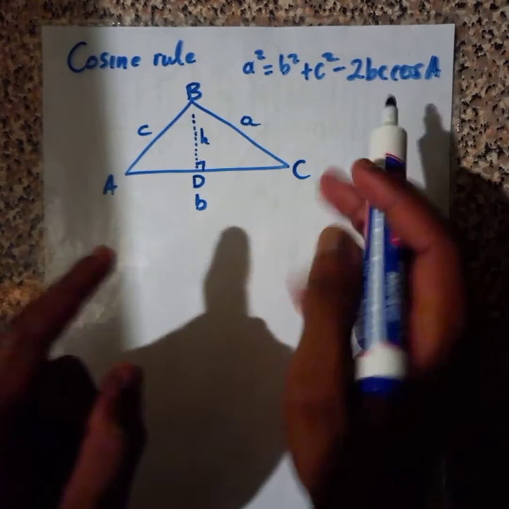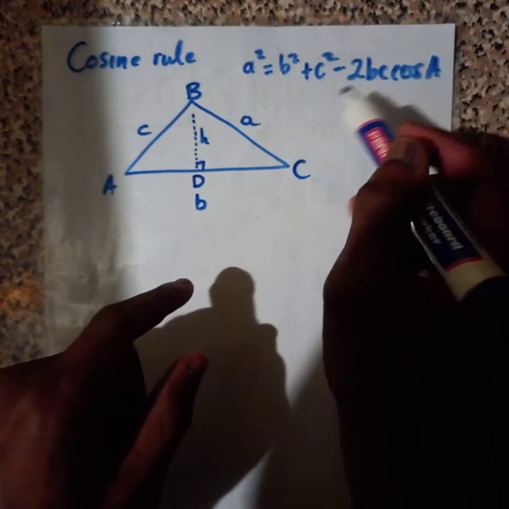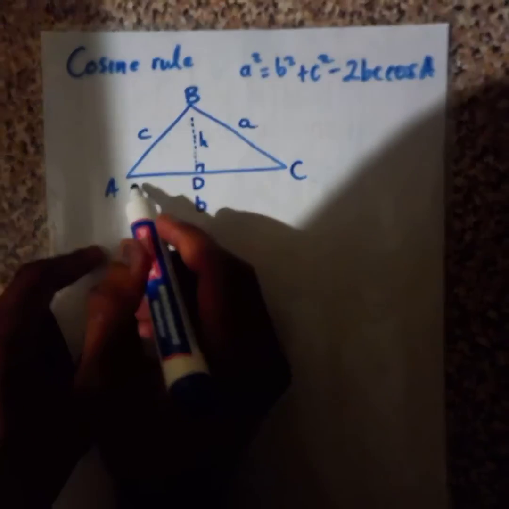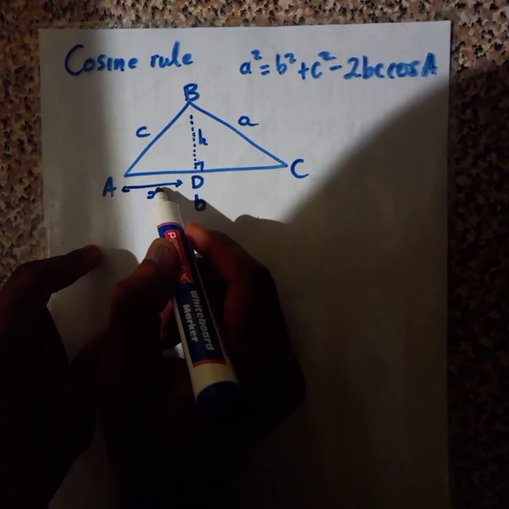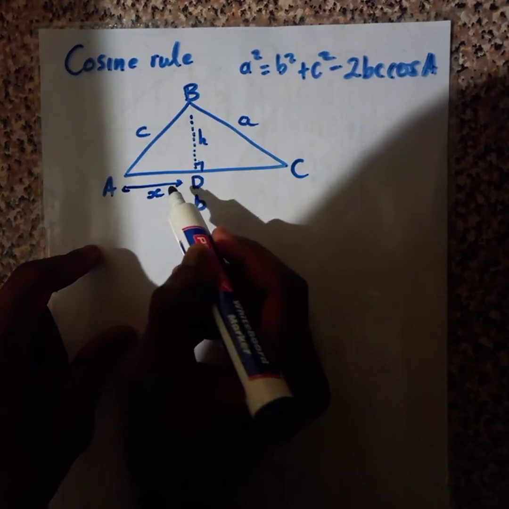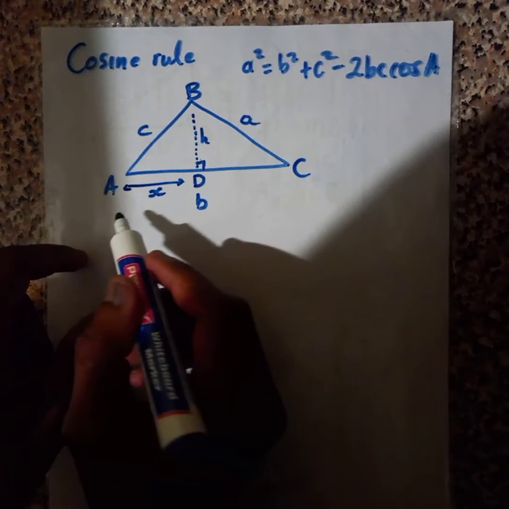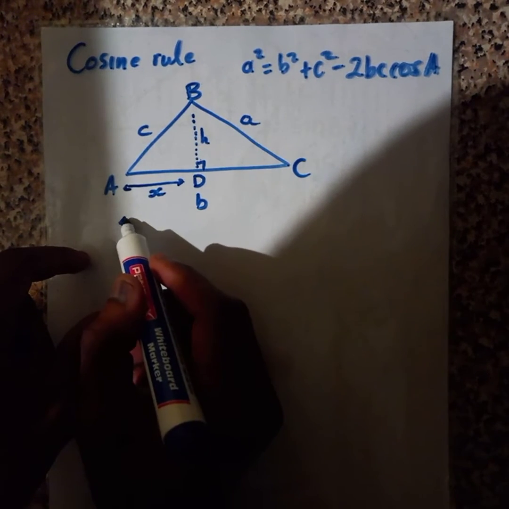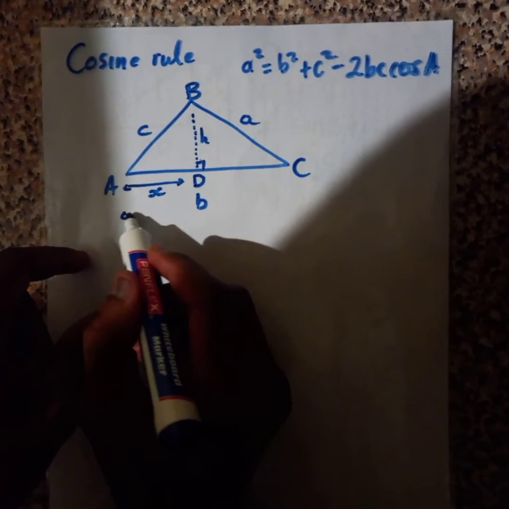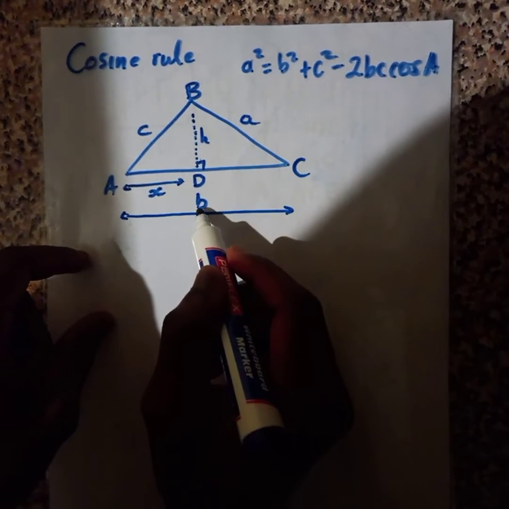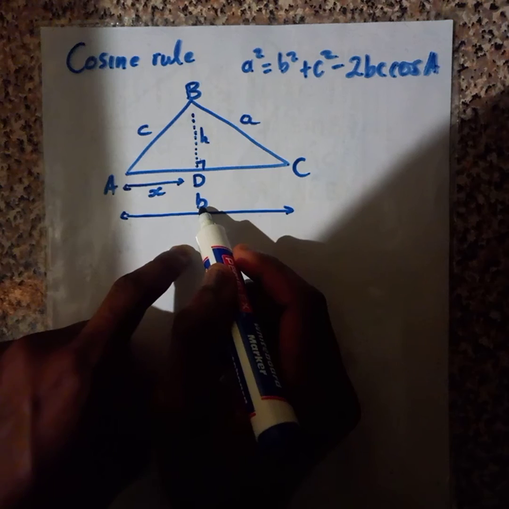Now, for us to prove that formula, we are going to consider AD to be, let's say, x. Then our AC, we know that our AC is b, lowercase b.